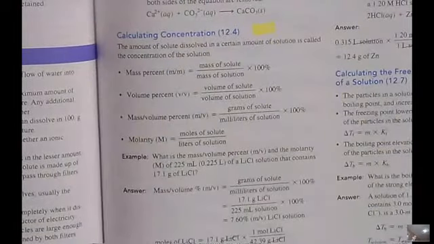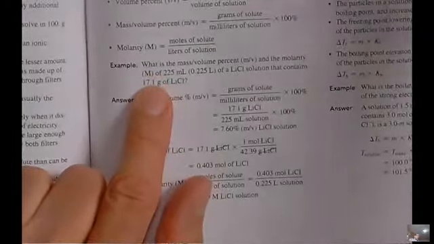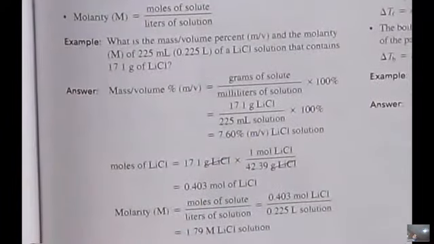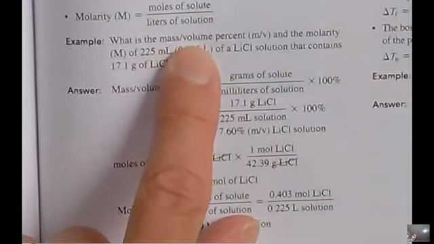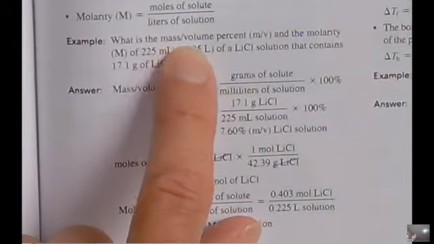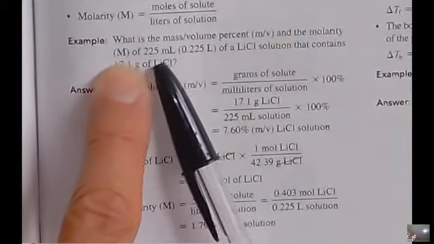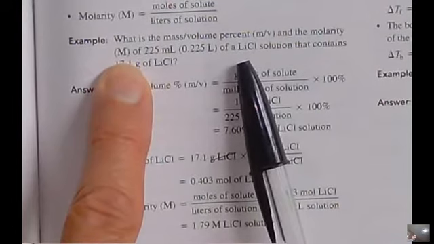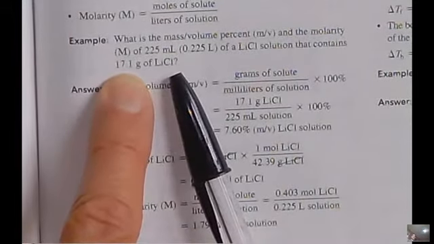Okay, let's do a problem. This last one down at the bottom, I'll just read it to you. What is the mass percent, the mass volume percent, M over V, and the molarity of a 225 milliliter solution of lithium chloride that contains 17.1 grams of lithium chloride?